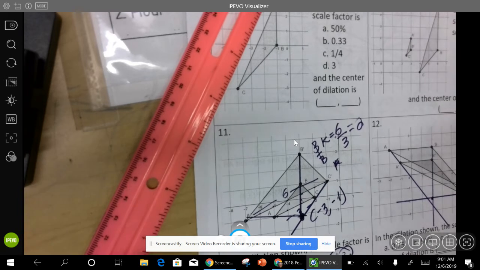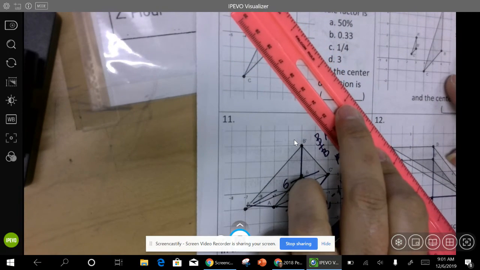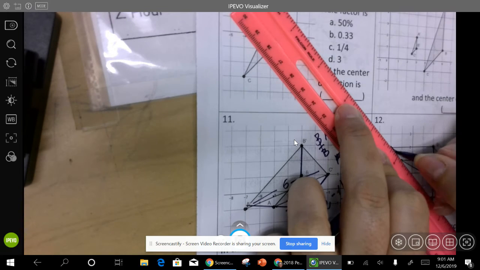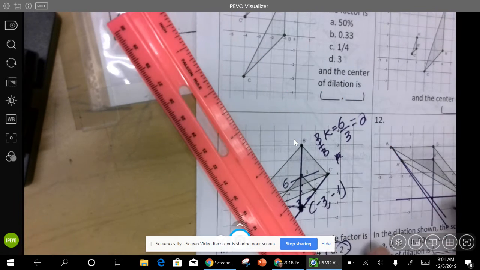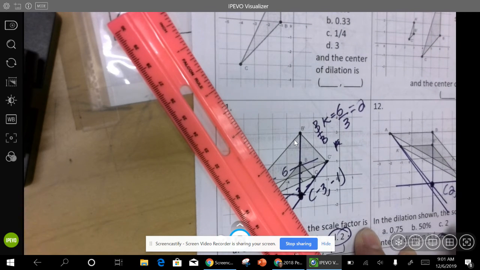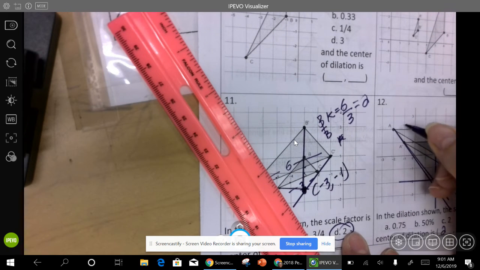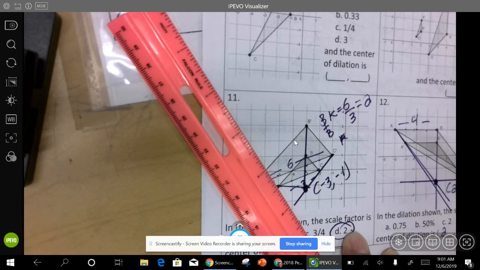Okay, and with this one, everybody, I wasn't quite as accurate, if you noticed that. It should end up right there. Okay, so that's better. So this is where all of them cross, and it is at 2, -2. Okay, center of dilation. So I look at this side, and this is 1, 2, 3, 4. This one is 2. Actually 3.